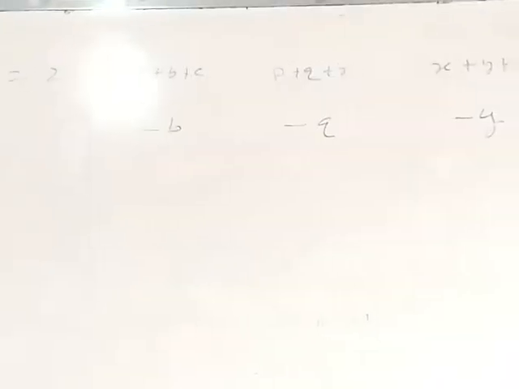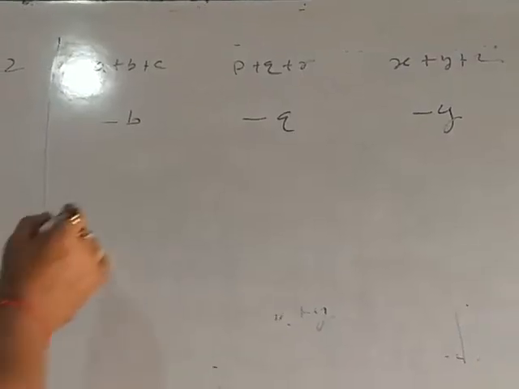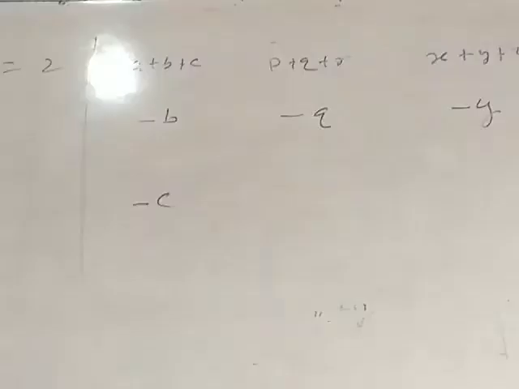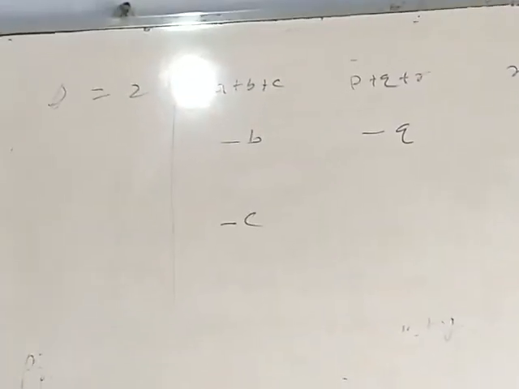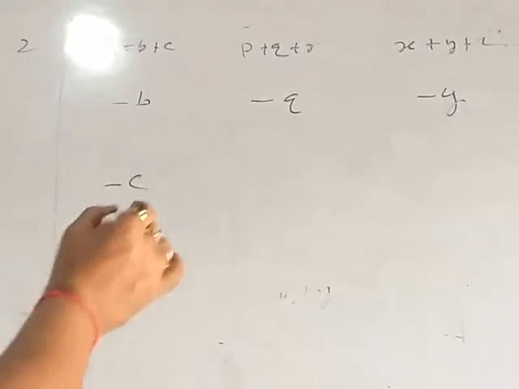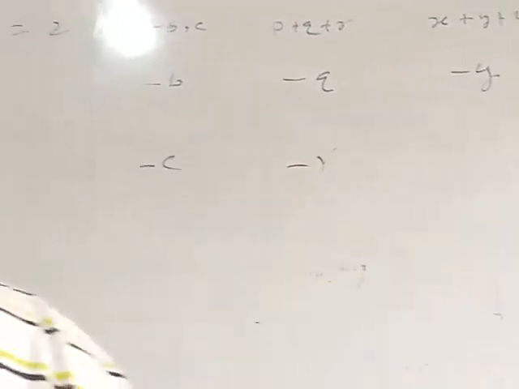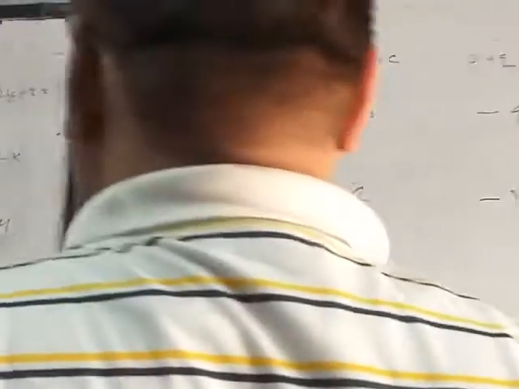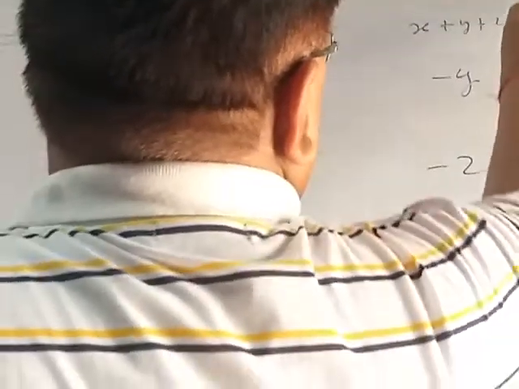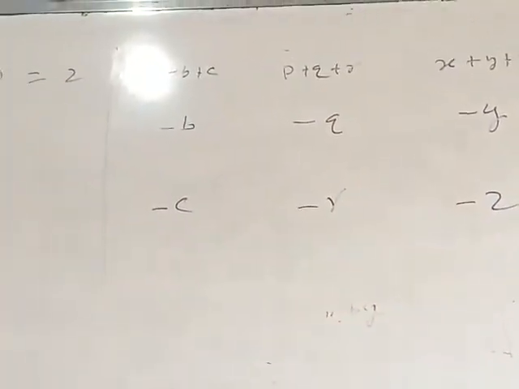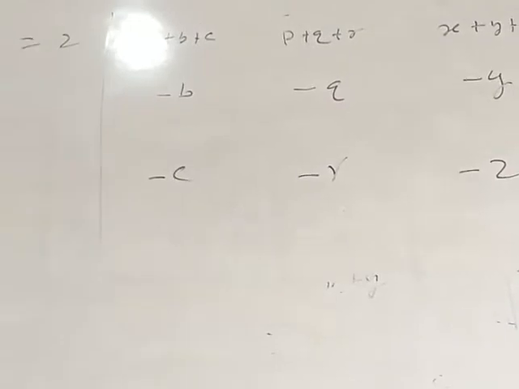So R3 minus R1 gives minus C, and here it is minus R, and this is minus Z. After using this property, we are getting this.